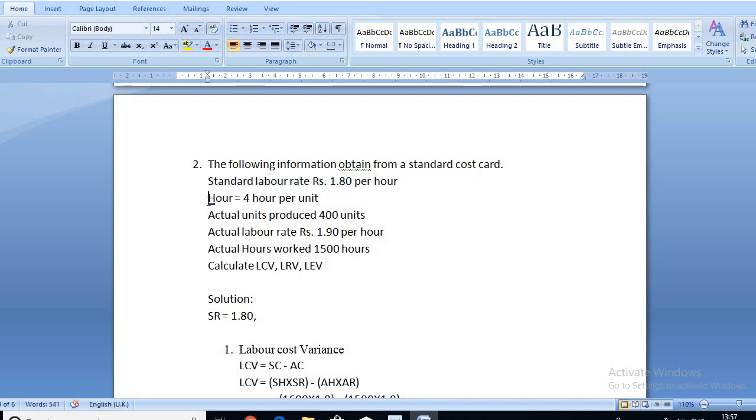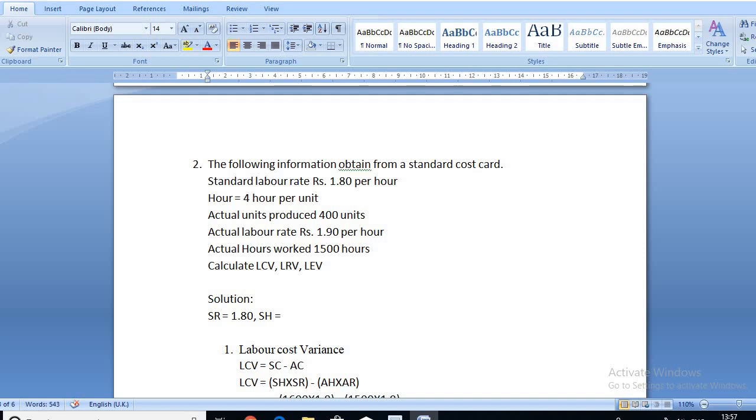And the next one, our number of standard hours. How much? 4 hours per unit. Here we have specified 4 hours for producing 1 unit. So actual units produced 4000 units. Now calculate standard hours SH. How to calculate SH?